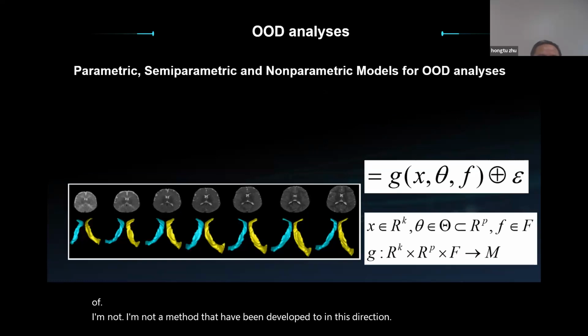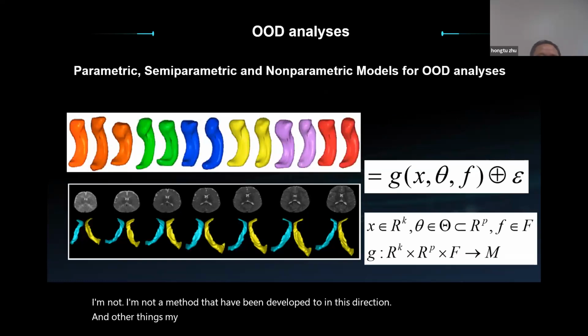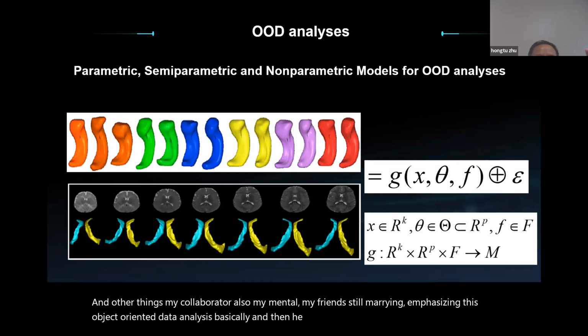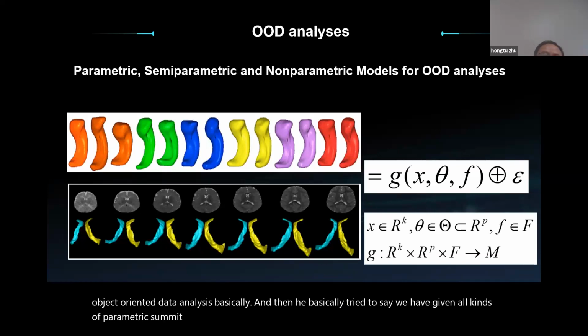Another thing is that my collaborator, also my mentor and friend, Steve Marron, emphasized object-oriented data analysis. He tried to say we can develop all kinds of parametric, semi-parametric, and non-parametric models for these complex objects, and analyze such data sets using statistical methods.